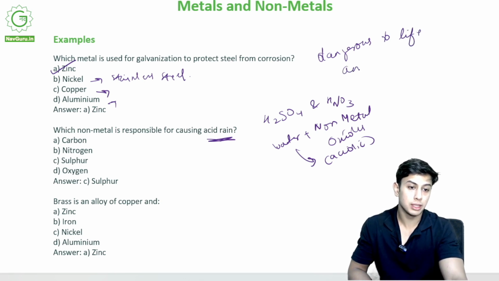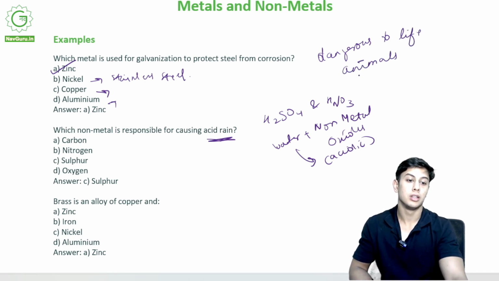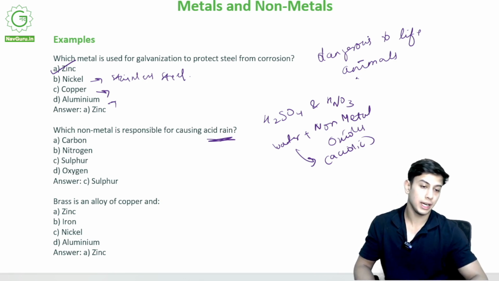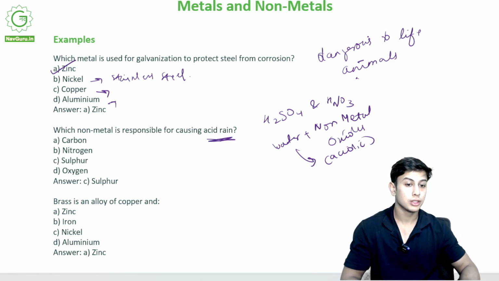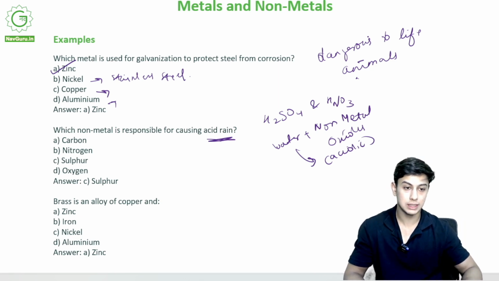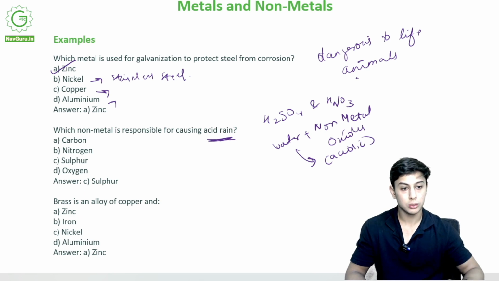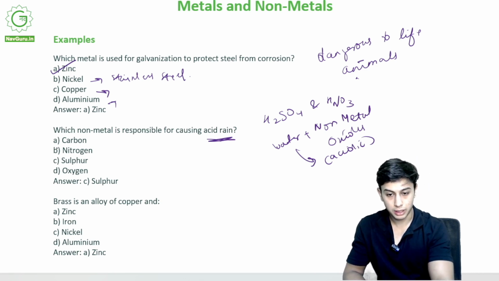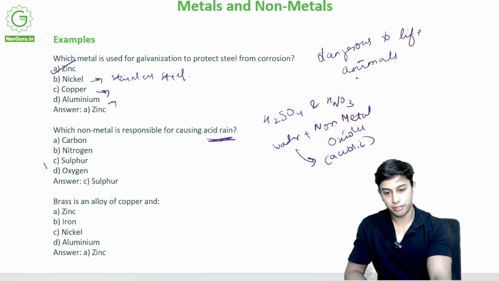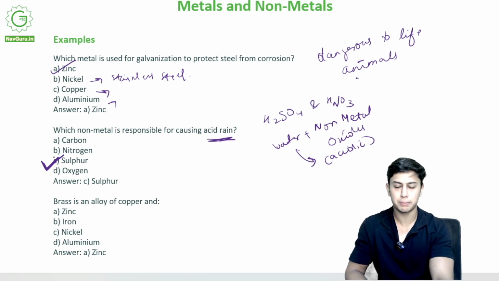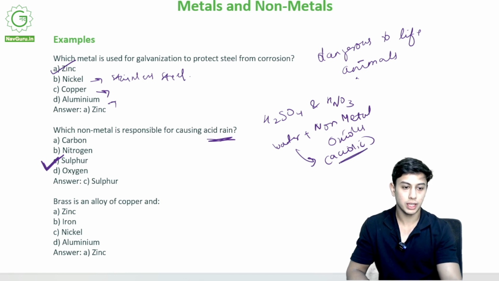Insects die, animals die, frogs, tadpoles and all, they will die when acid is mixed in the water. Fish die. So it is important that the pollution level stays low, so that acid rain does not harm our monuments and the life on earth. Carbon, nitrogen, sulfur, oxygen: sulfur. Even nitrogen oxides, but sulfur is the prime constituent of acid rain.